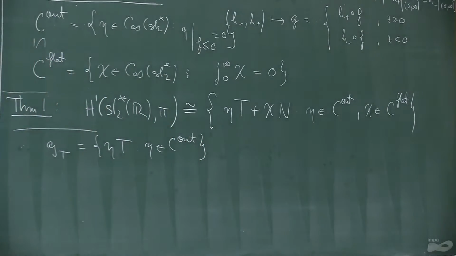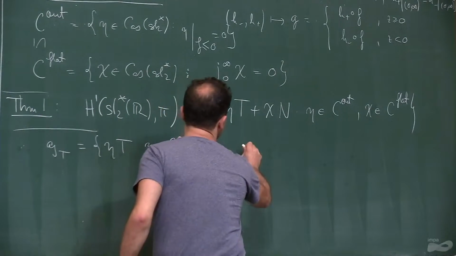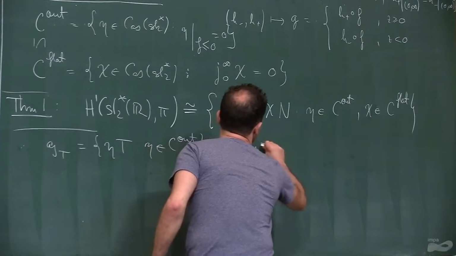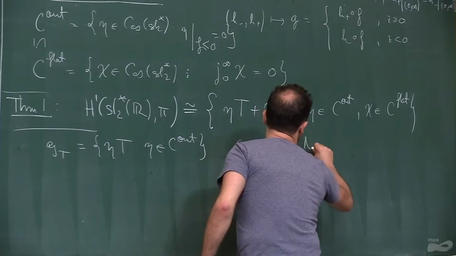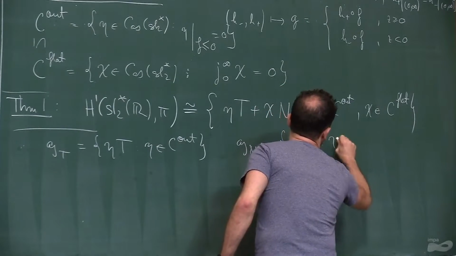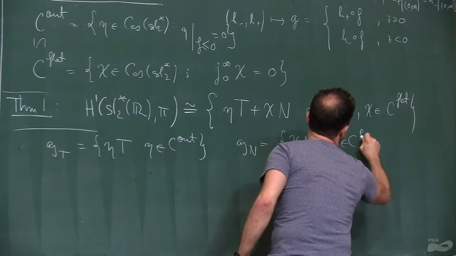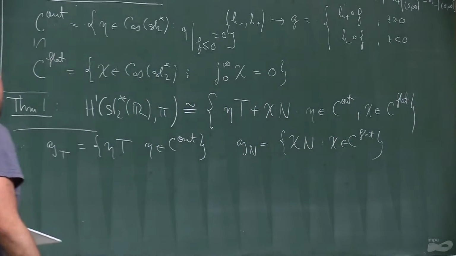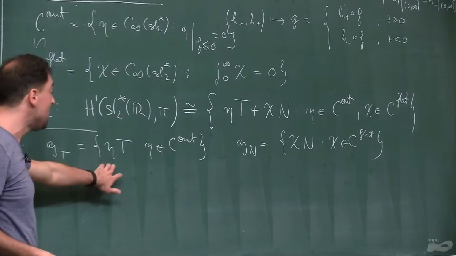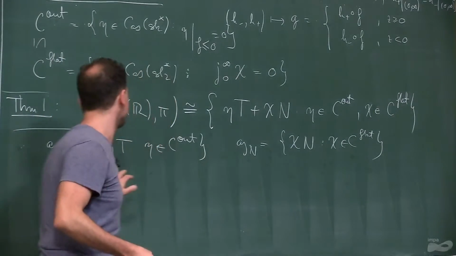They are closed under the Lie bracket. And similarly also this G_N, where χN, where χ is a flat Casimir, are closed under the Lie bracket. This is actually abelian, and this one normalizes this.